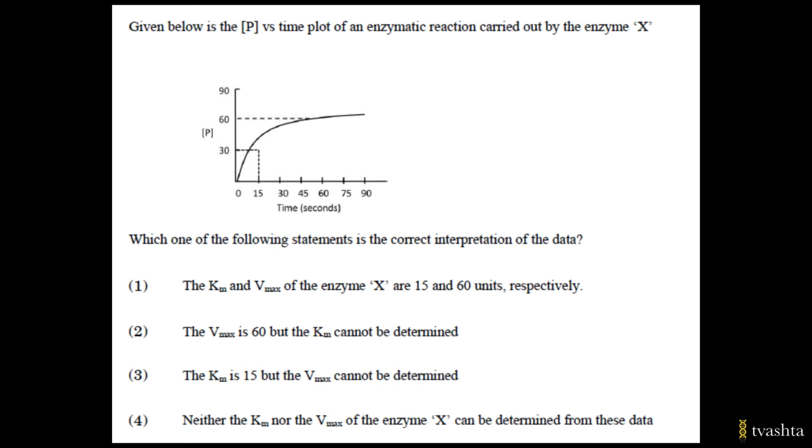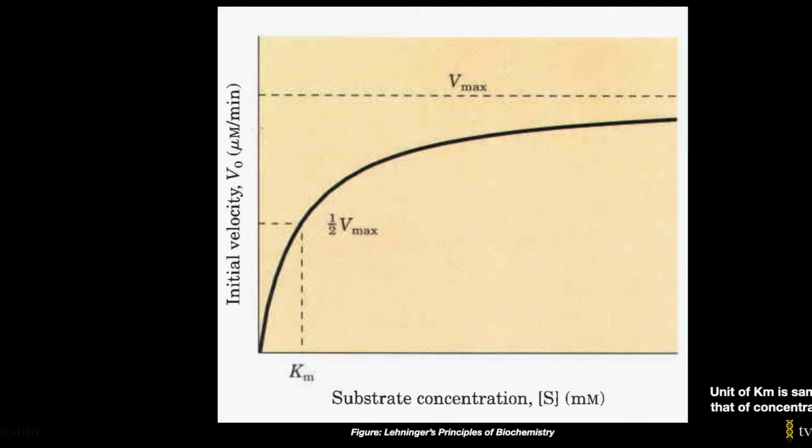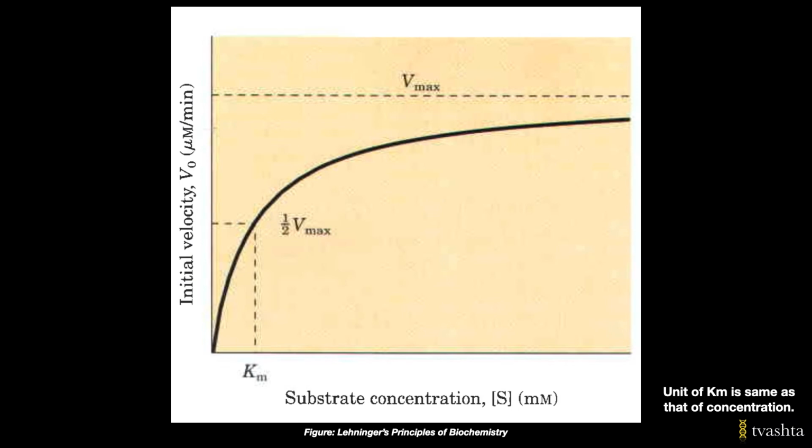To attempt this question, we need to first revise some of the points of enzyme kinetics. So let us understand this graph first. Let's say there is this reaction, enzyme E plus substrate S gives a product P. Now at low substrate concentrations, the V naught, that is the initial velocity or the rate of reaction, increases almost linearly with increase in substrate concentration, while at higher substrate concentrations, V naught increases by comparatively smaller amounts.